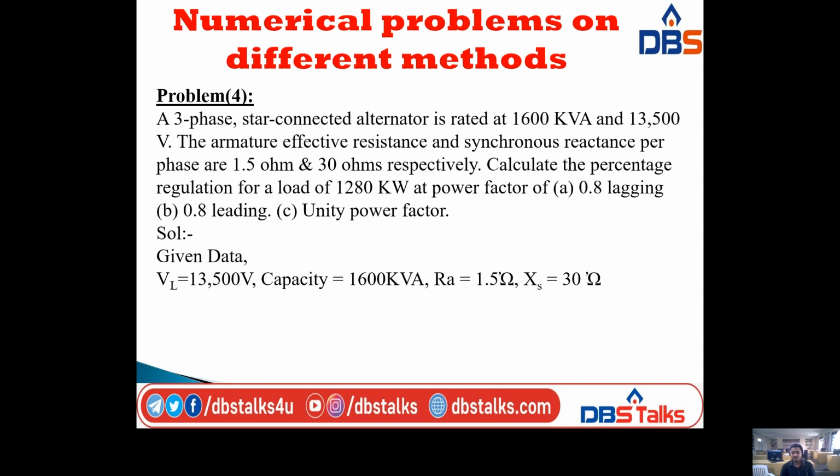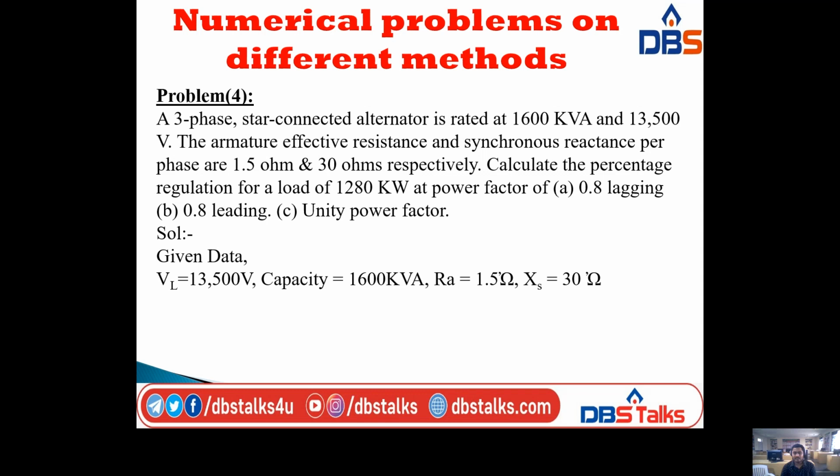From this, firstly we have to note down the given data. It is a three-phase star-connected alternator, so the number of phases is 3, and it is star-connected, rated at 1600 kVA. This 1600 kVA is the capacity of the star-connected alternator, and they gave the line voltage, that is our supply voltage, as 13,500 volts.